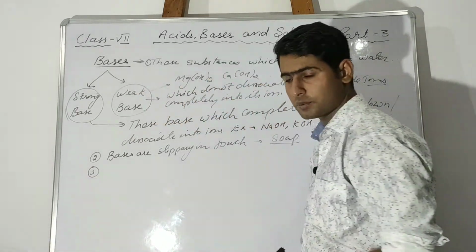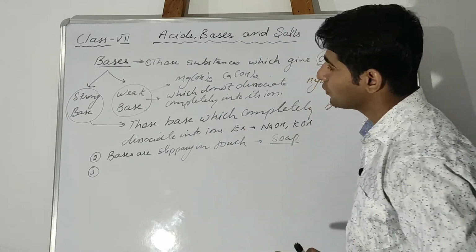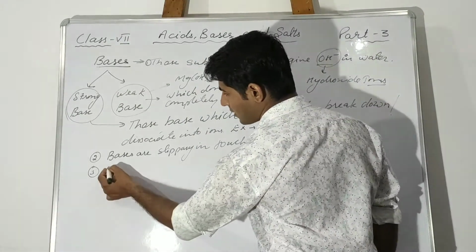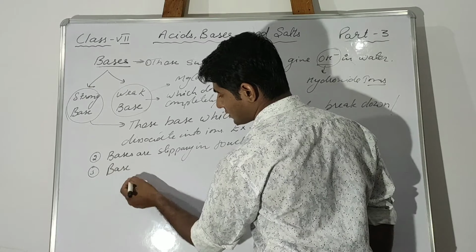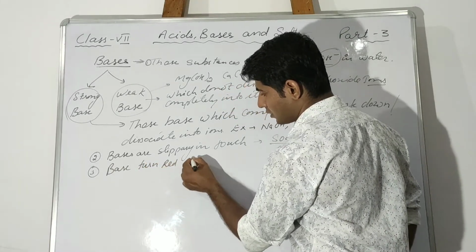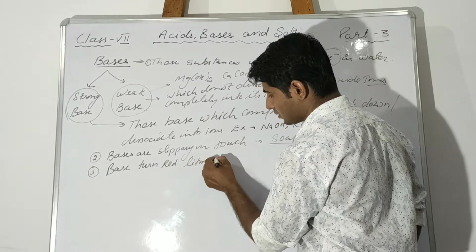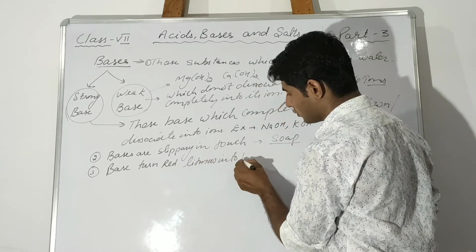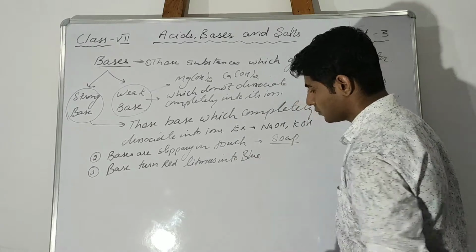Third property. Third property of base is that base turns red litmus into blue.